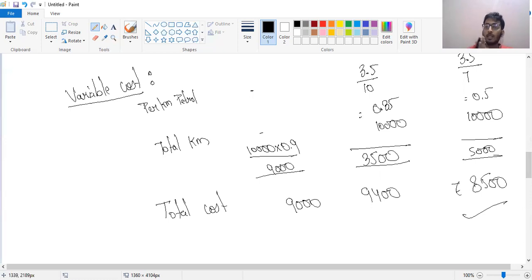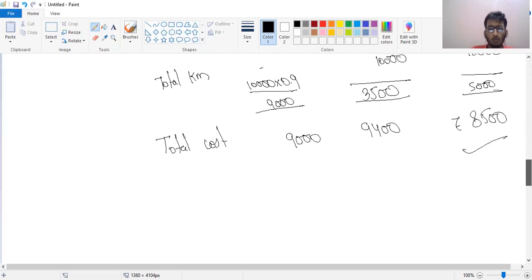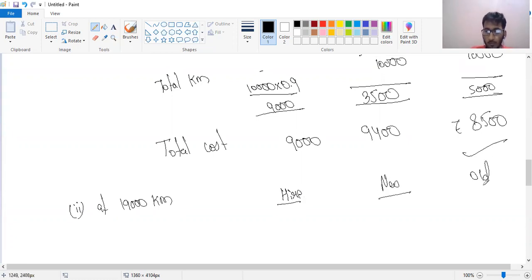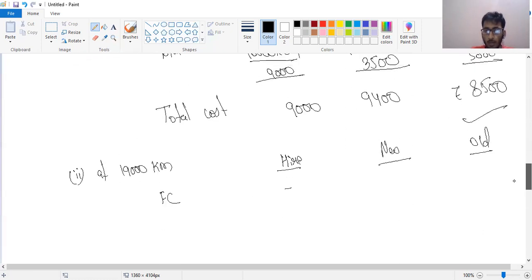Now, what is basically the indifference point? The second question is, at 19,000, what you need to do. So let's do the second first, then we'll solve the indifference point. At 19,000 kilometers, hired taxi, new car, old car, the fixed cost would be the same, 0, 5,900 and 3,500.